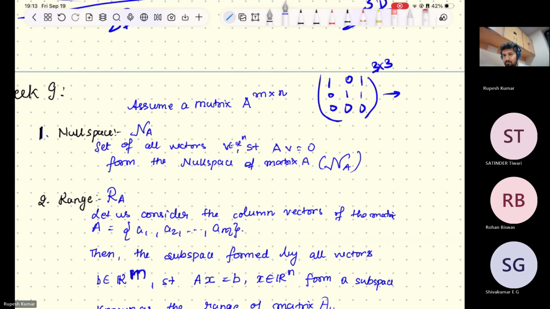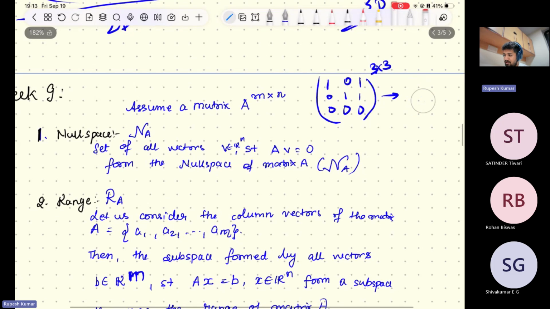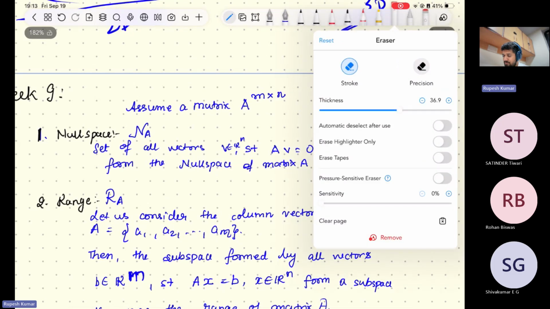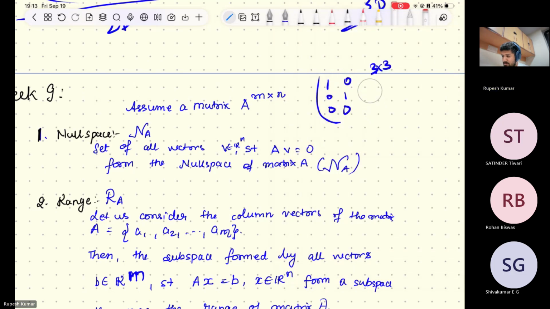Anyone? Okay, this is linearly independent. No, this is right. Let me change this to a simpler example. What is the null space of this matrix?